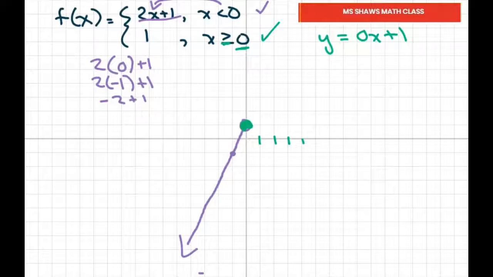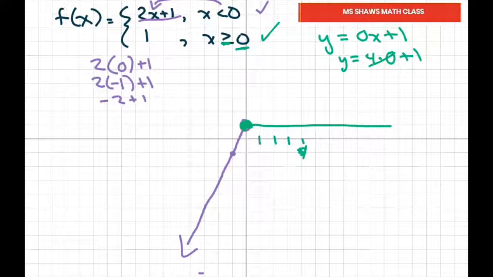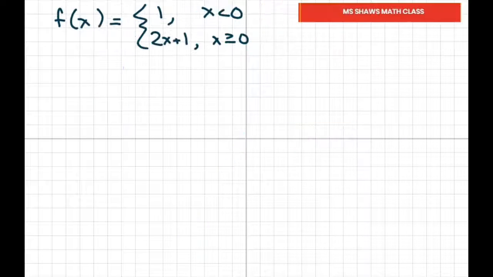So that means whatever you put in for your x, if I put in, this is 4, if you plug in 4 times 0 plus 1, that still gives you 1. So there's the graph right there. And it's continuous because when you graph the whole piece together, you don't have to lift your pen or your pencil.